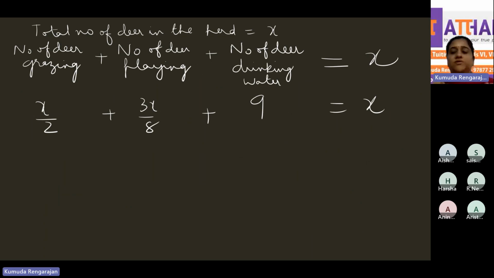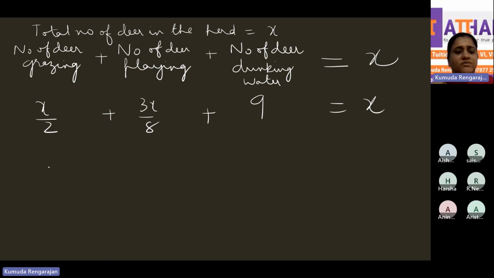So how do we solve this equation? We'll take up the common denominator. You can transpose, you need not, nothing is mandatory. You can solve it as it is, or if you want, you can have the number on one side and all the x's on one side. That's your choice.